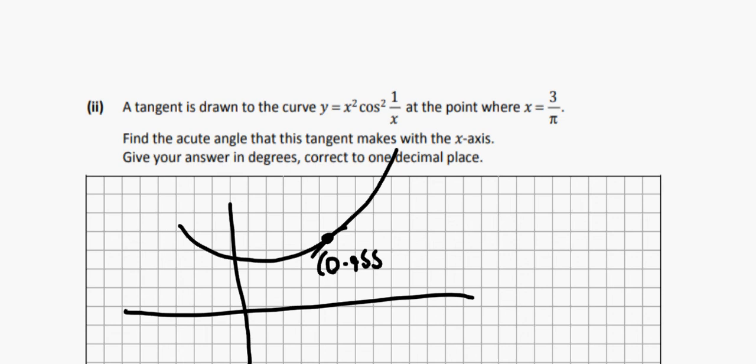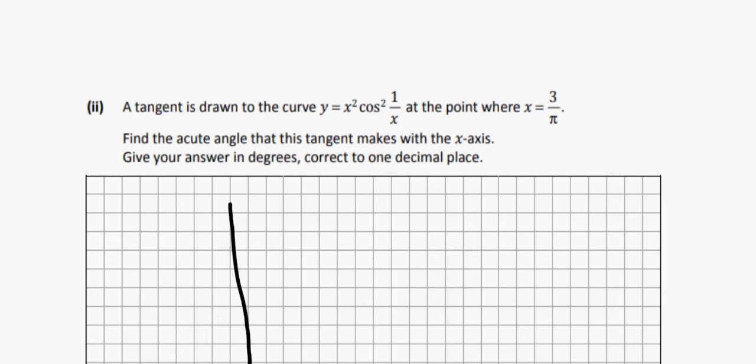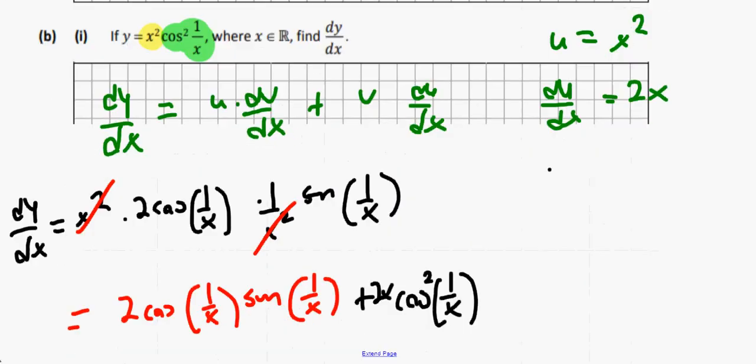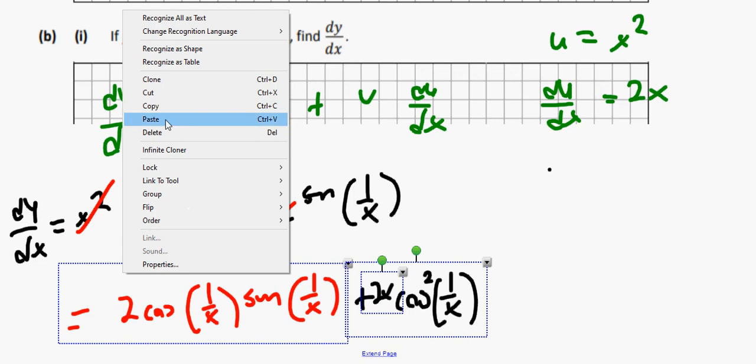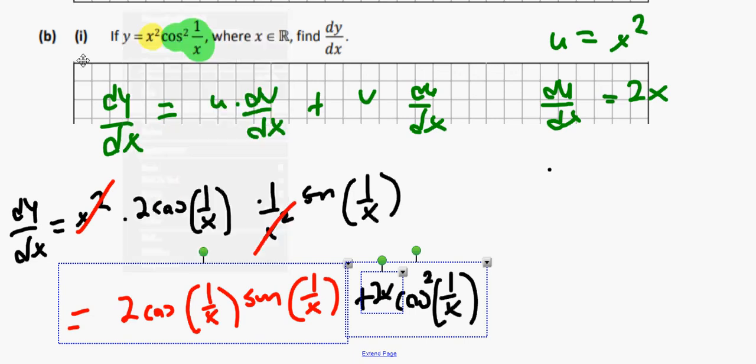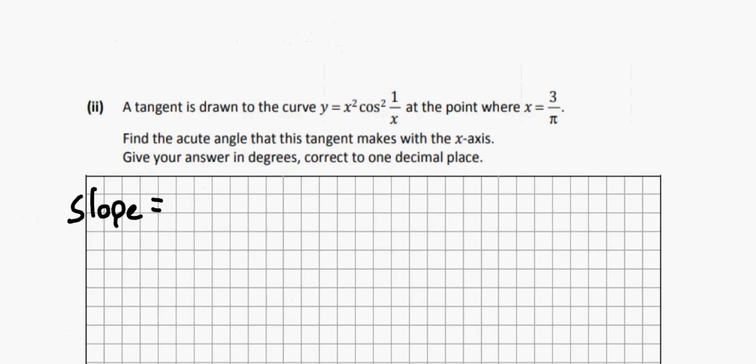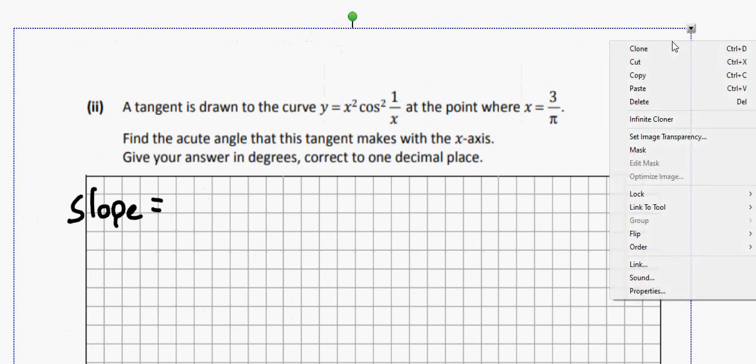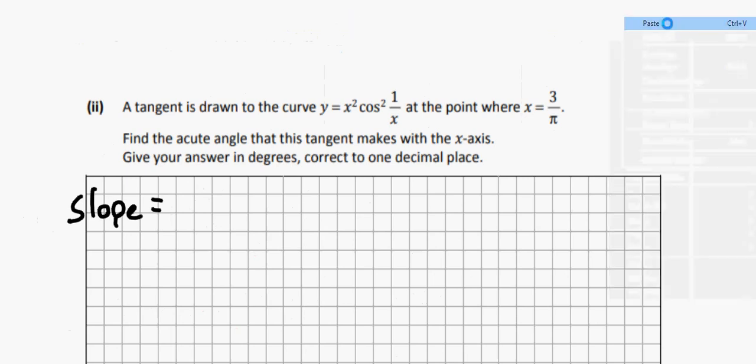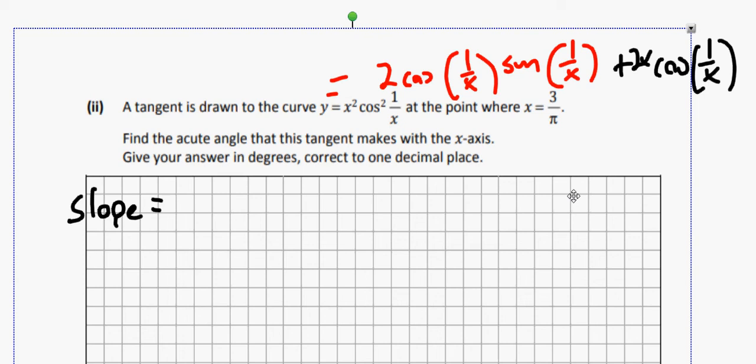So we need the slope, is essentially what we're looking for. And the slope is the first derivative. Okay? So the slope is basically what we got here. This is the slope. So you're going to cut all this, or copy it, and bring it up here, and we're going to paste our answer.